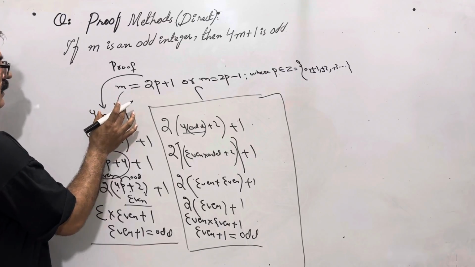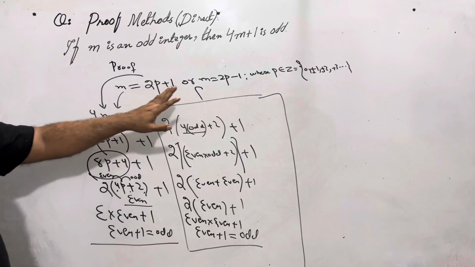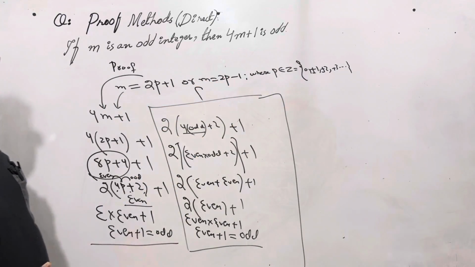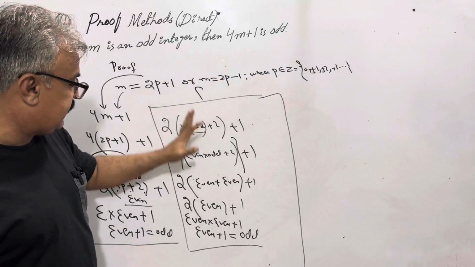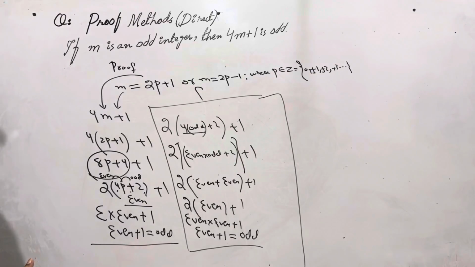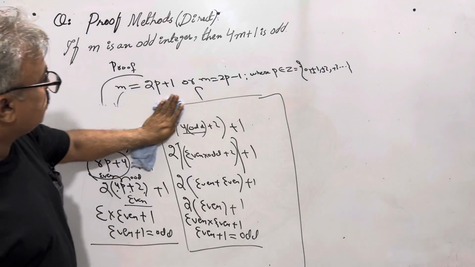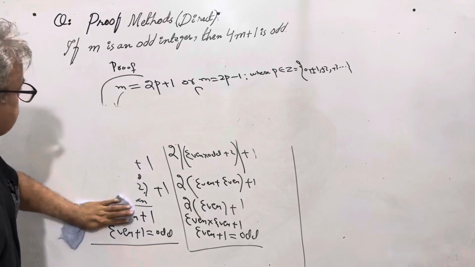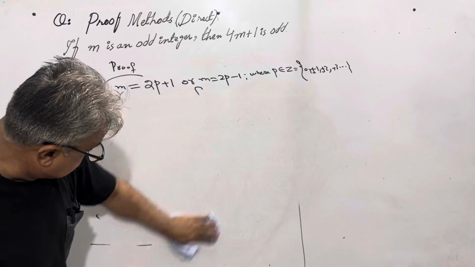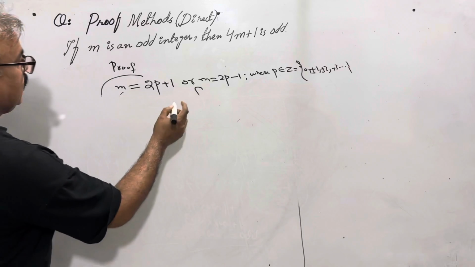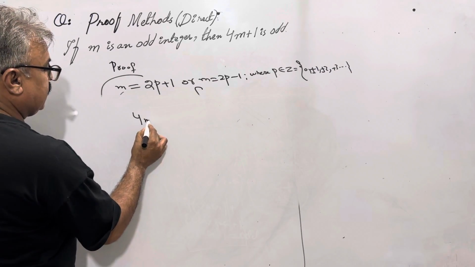If m is given by 2p minus 1, the second possibility for odd, we will arrive at the same result. Let's see how. Here 4 times m plus 1.